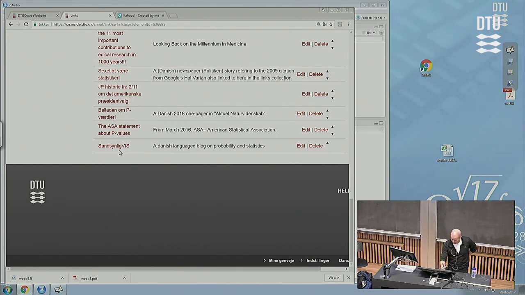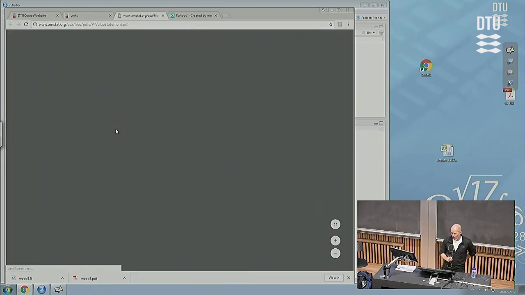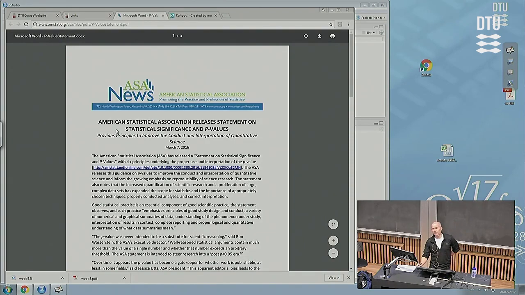The interesting thing was this link. Even though we've been doing hypothesis testing and confidence intervals for a bit more than 100 years now, for the first time in the American Statistical Association's history, they found it useful and necessary to make a press release talking about methodology.